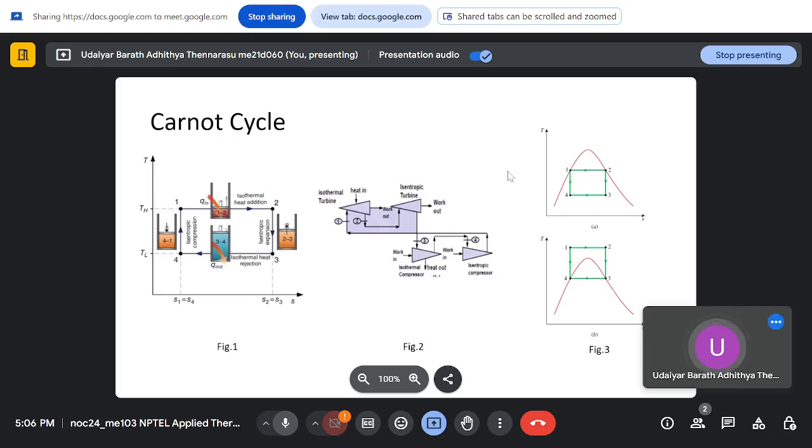Handling this two-phase region in a compression or expansion process is not good. You may have difficulties there because your turbine blades may erode, and in compression, the liquid being incompressible may damage your compressor, along with other kinds of problems.